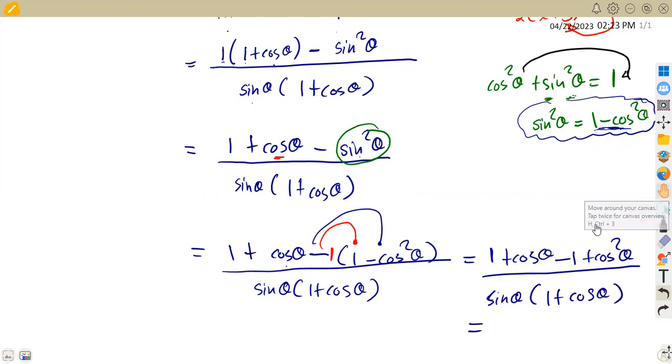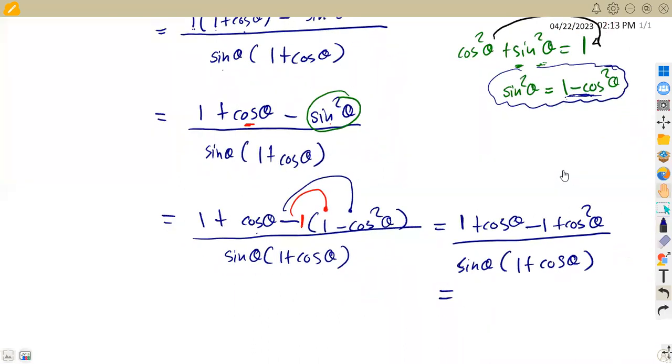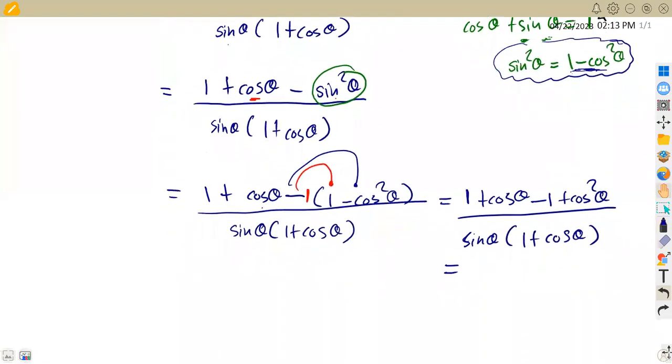If we check now, we can see that in the numerator there is something that is happening between 1 and 1. These two can actually cancel. 1 minus 1, that's a 0, meaning to say we are going to remain with the cos theta and cos squared theta plus cos. So we can factor out cos, because cos is now common here.